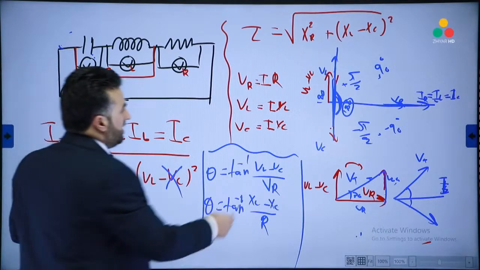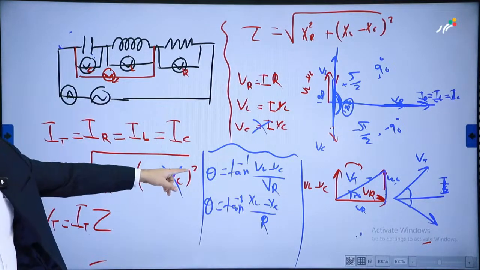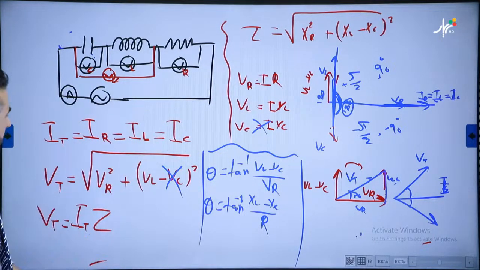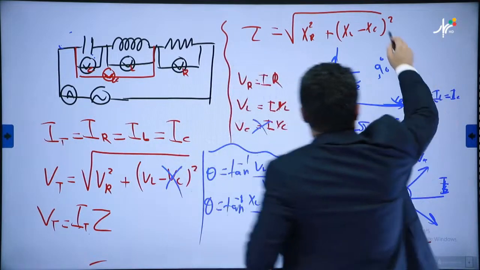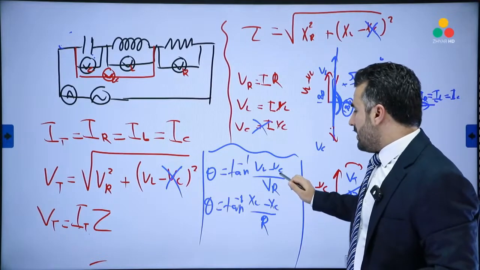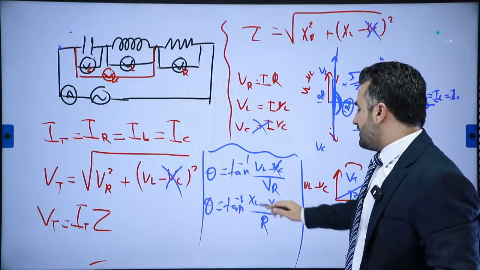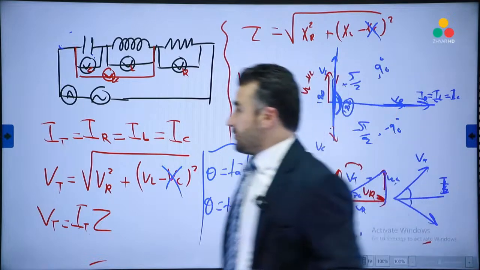And in this case, you will not have this one either. As for the resistance first, of course, you will not have this one as well. That is this. And then for the angle, you're just going to write VL over VR, or basically XL over the resistance.